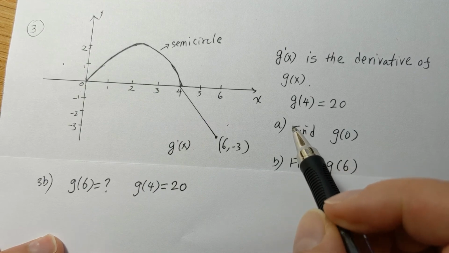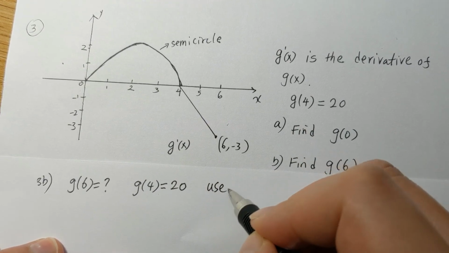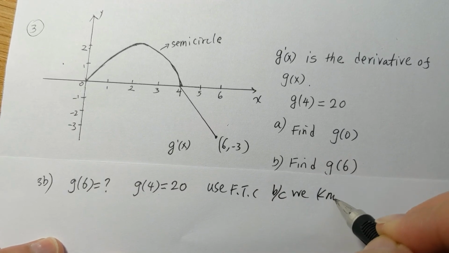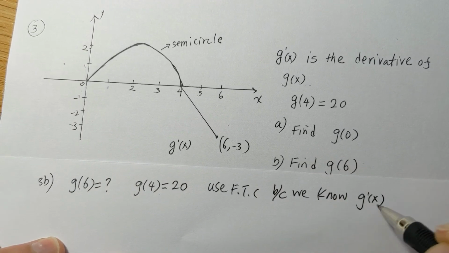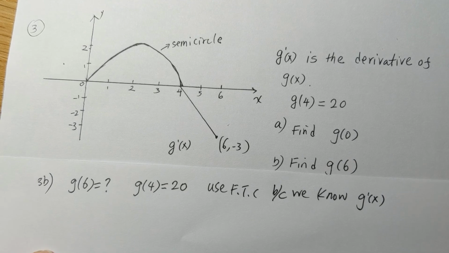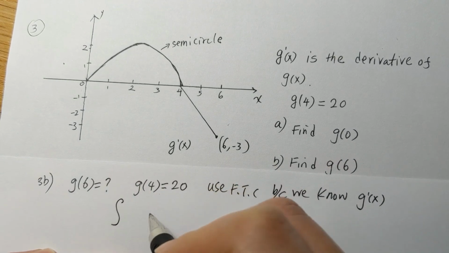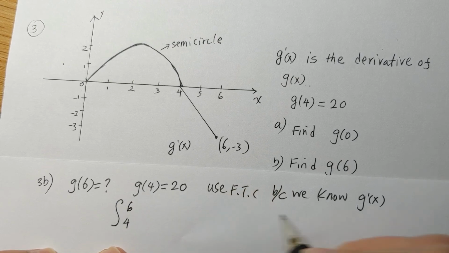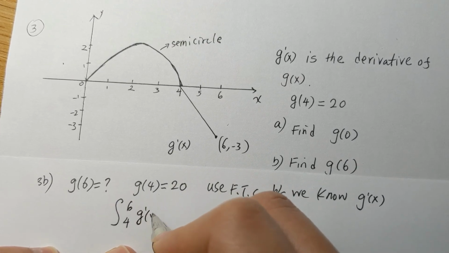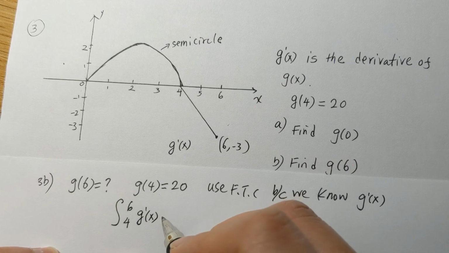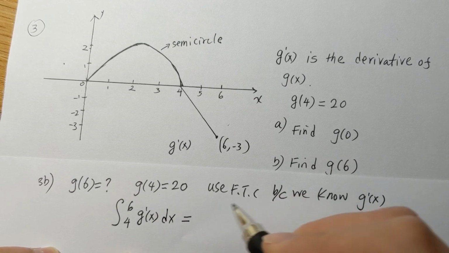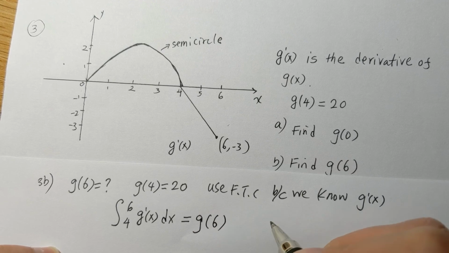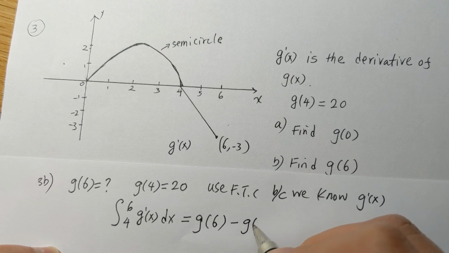Same idea, we are going to use the FTC because we know g prime of x. So we're going to do integral a to b, so 4 to 6 of g prime of x dx equals. The antiderivative will be g, so g of 6 minus g of 4.